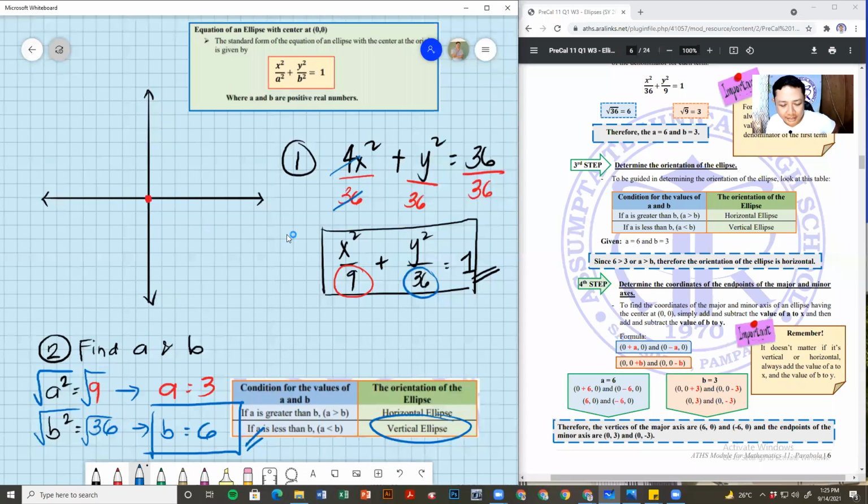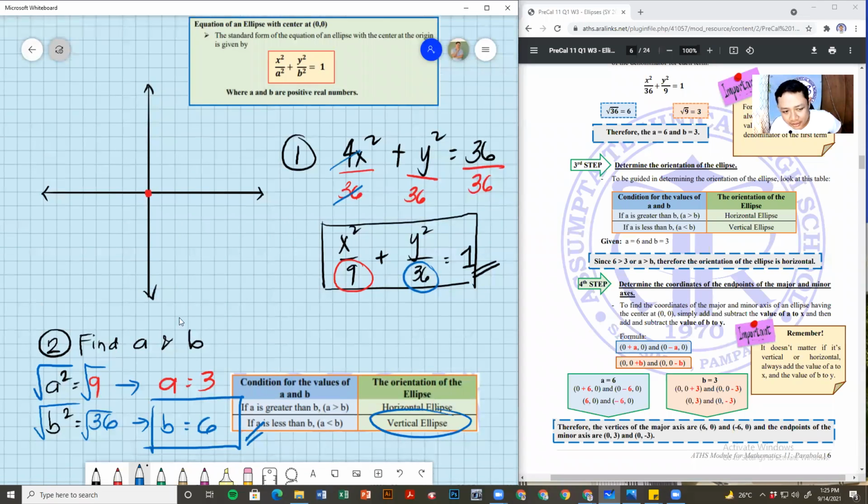As long as you have the center and you know the values of A and B, you are not lost in this process. Everybody listen. We have here A. A is always with X. So its movement from our center is along the X axis.